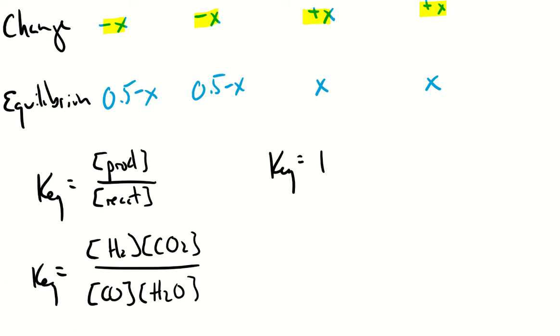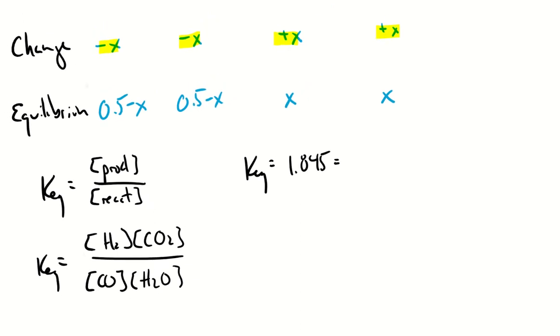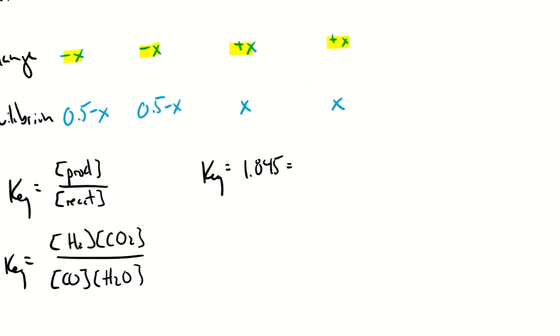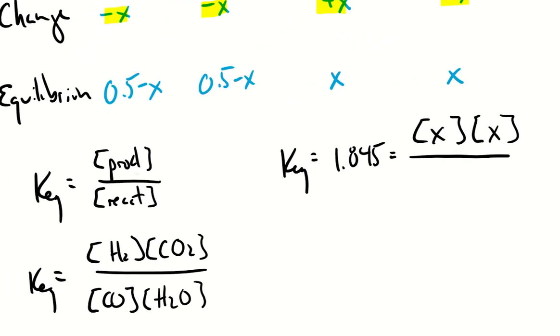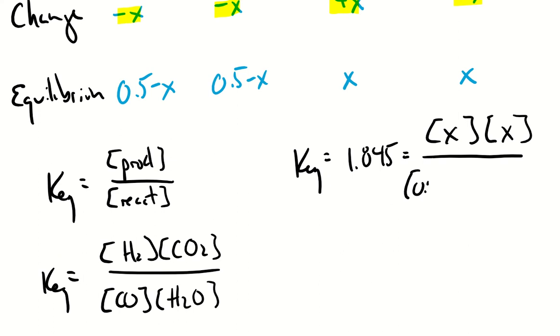KEQ given in the problem was 1.845, which in this case is going to be equal to the concentration of hydrogen times the concentration of carbon dioxide divided by the concentration of carbon monoxide and the concentration of water vapor.